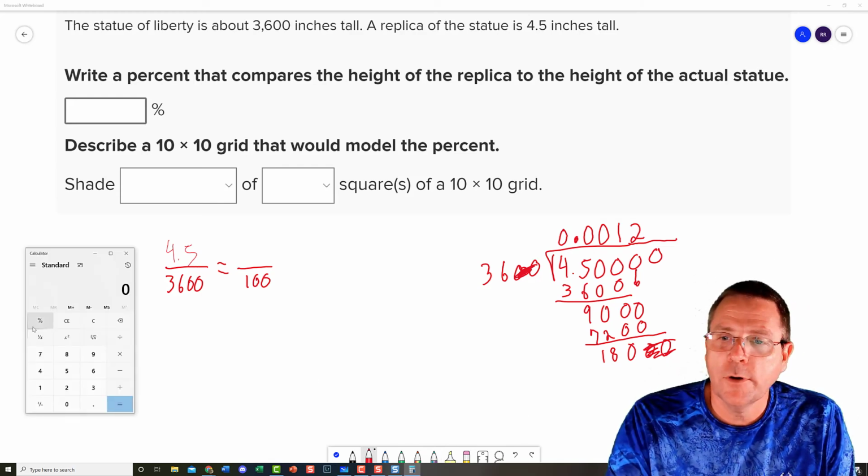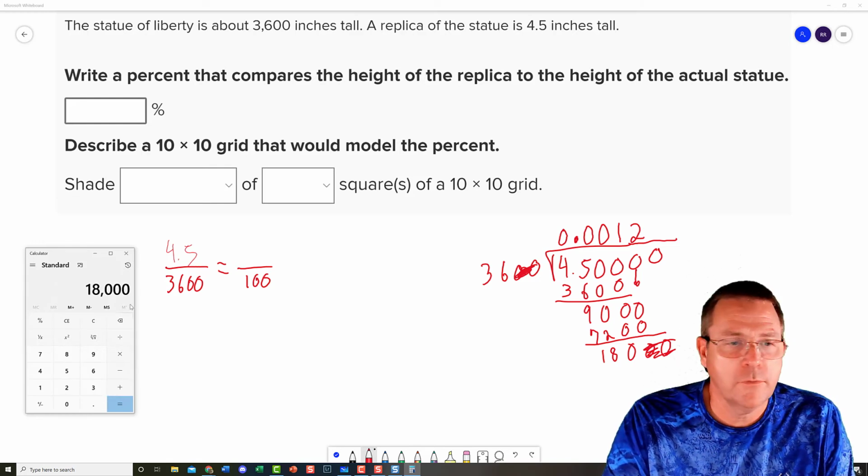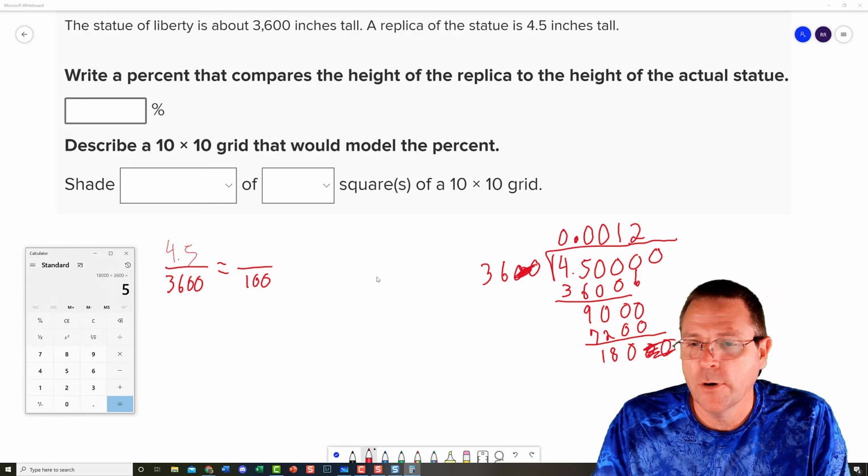So for this part here, I'm just curious. I'm going to take 18,000 divided by 36,000. Oh, nope, I did it wrong. 18,000 divided by 3,600, and that ended up giving me a perfect 5.